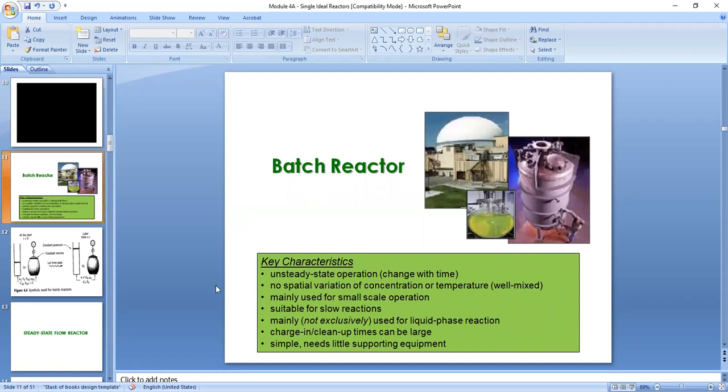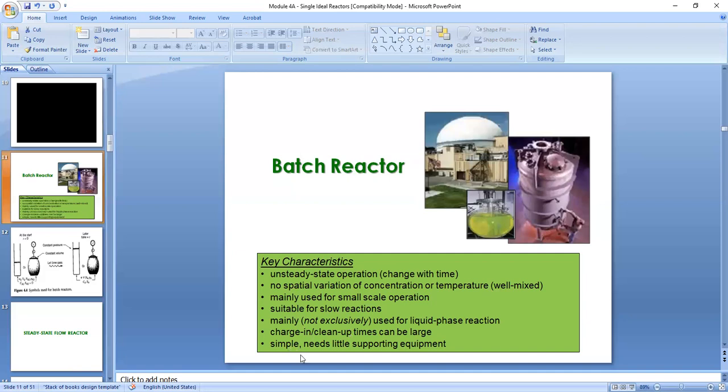However, a limitation of the batch reactor is that it's only used for small scale operation and suitable for slow reactions, mainly but not exclusively used for liquid phase reactions. So it's mainly used for systems that are liquid in nature, but it can also have solid-liquid systems or even gas systems. But as it says here, not exclusively for liquid reactions only.